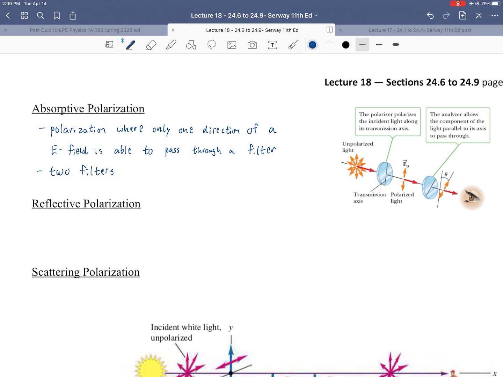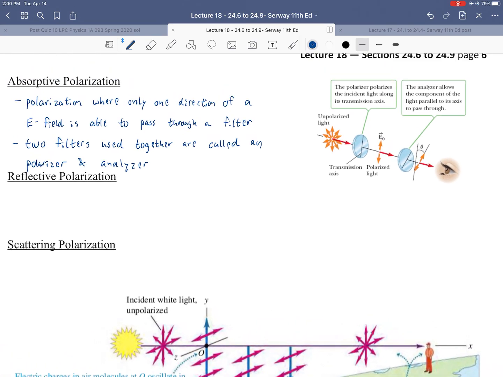So two filters, those are absorptive filters, used together. The first one is called the polarizer, and the second one is called the analyzer.